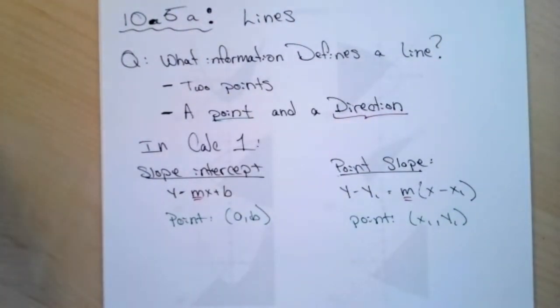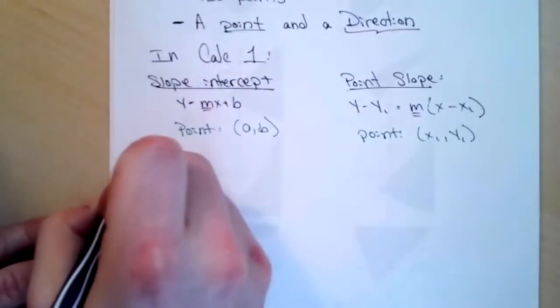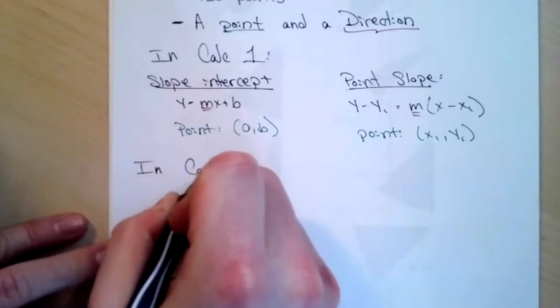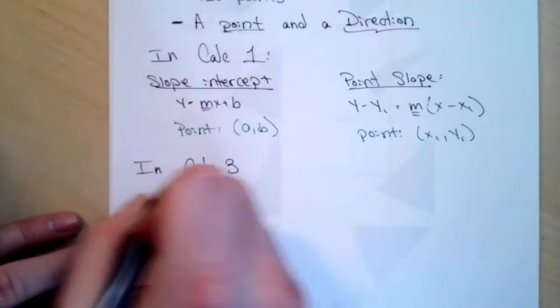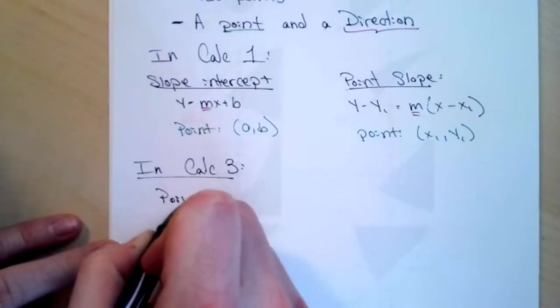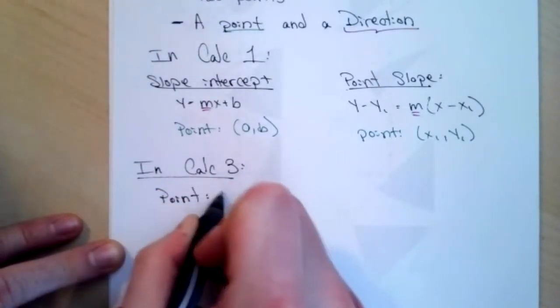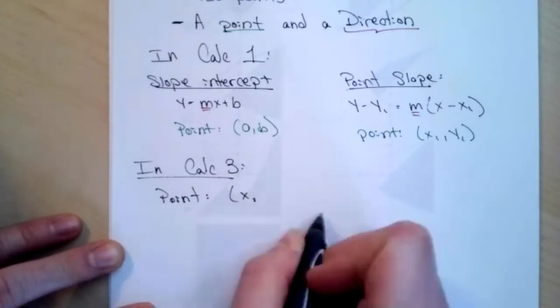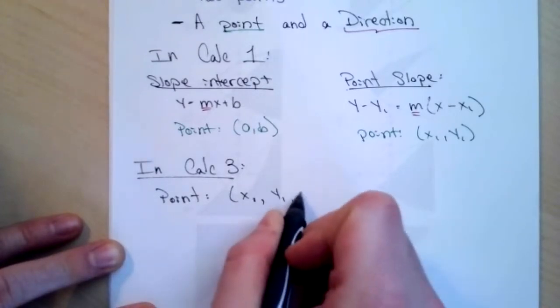So a point in 3 dimensions has 3 coordinates. Let's call it x1, y1, and z1.